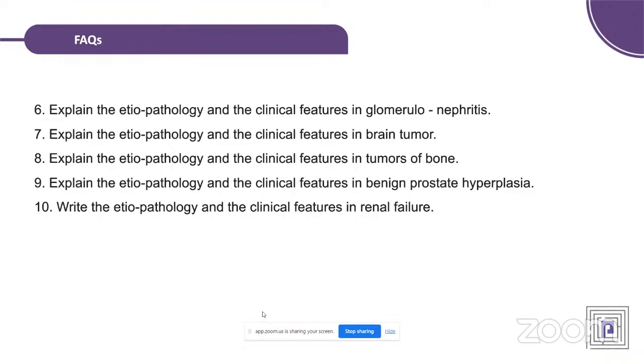Coming to the symptoms and signs, there is reduced flow of urine due to the obstruction caused by the prostatic hyperplasia, and then nocturia and incomplete emptying, incontinence, hematuria. All these lower urinary tract symptoms can occur due to this hyperplasia.